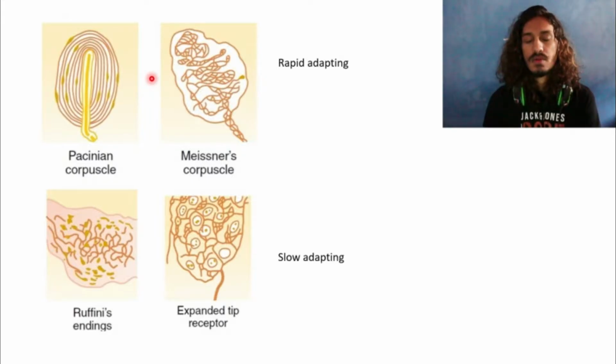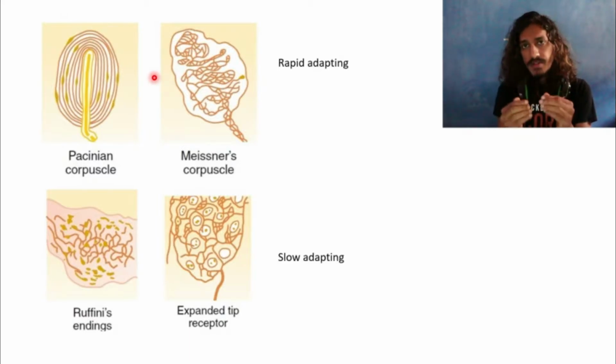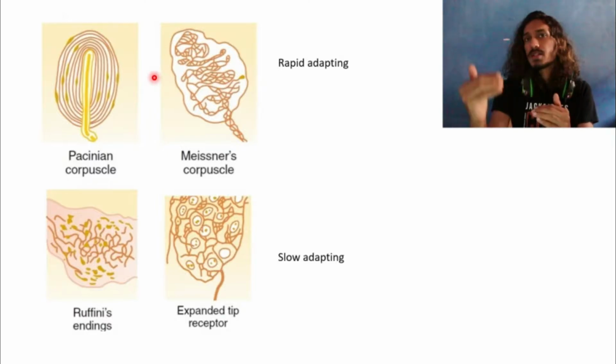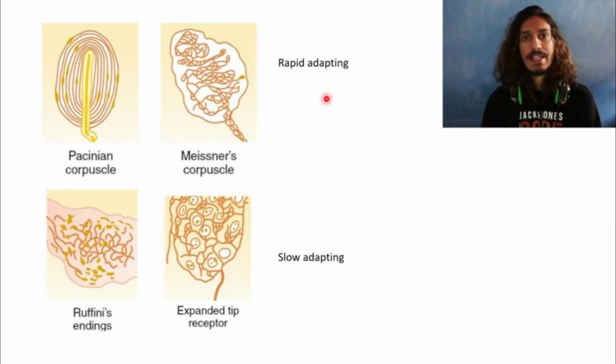Students get confused with this because questions come interchanging them in a lot of MCQs, and even when you ask students, they find it difficult to remember the difference. So each small difference that I tell you, we'll build upon it slowly and try to understand it. Pacinian corpuscle and Meissner's corpuscle are rapidly adapting, while Ruffini's ending and expanded tip receptors are slow adapting.